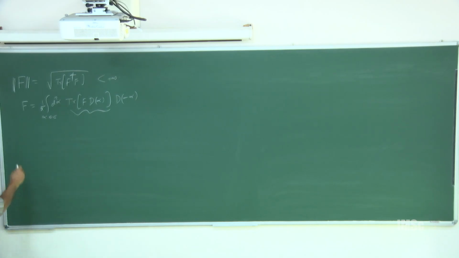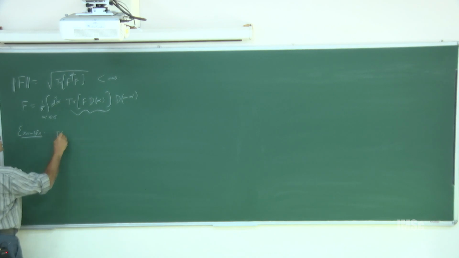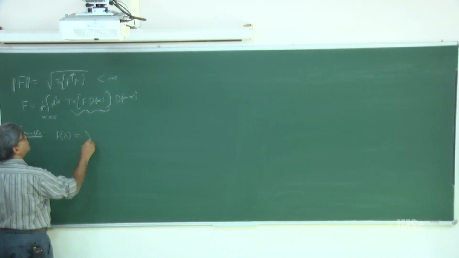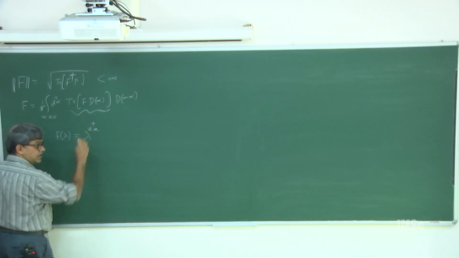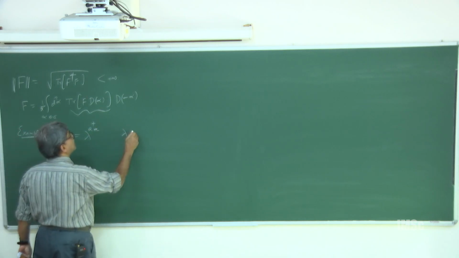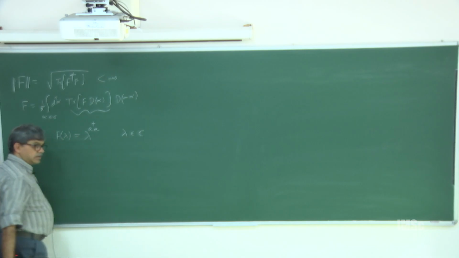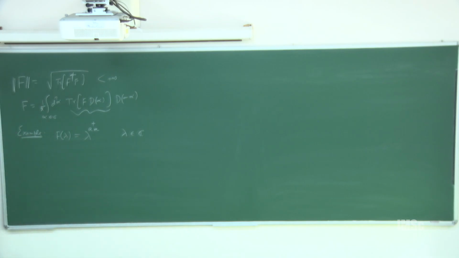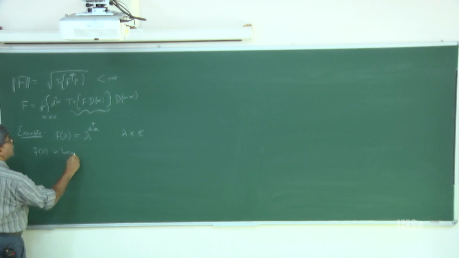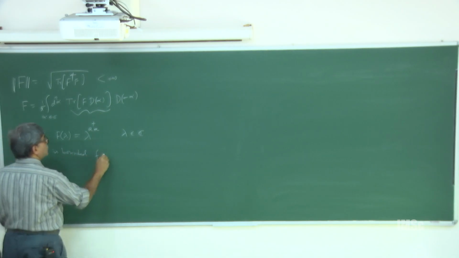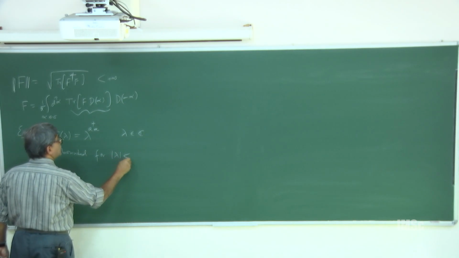So, now let us take the example which we discussed last class also. f lambda is equal to lambda to the power a dagger a, where lambda is a complex number. We have seen that f lambda is bounded for lambda less than 1.